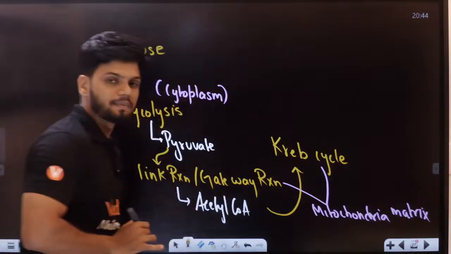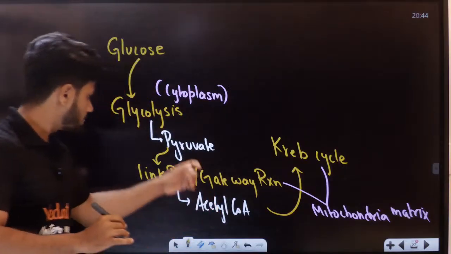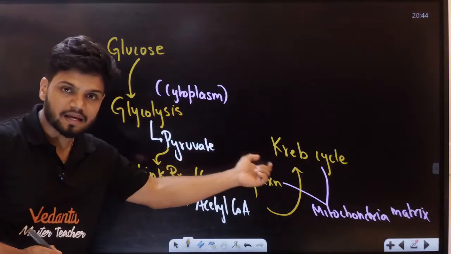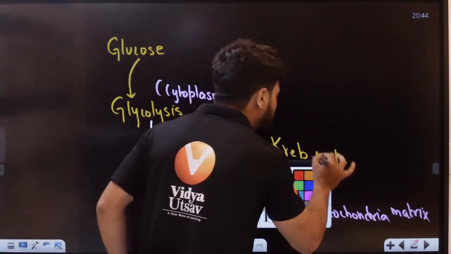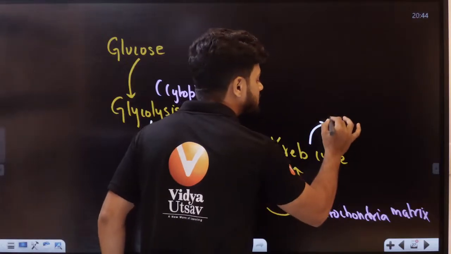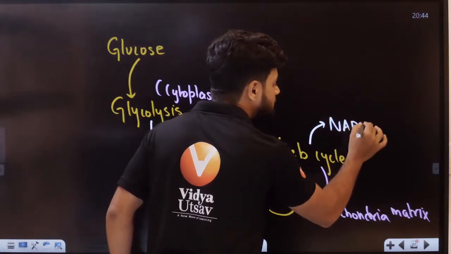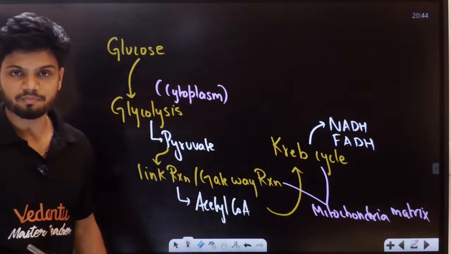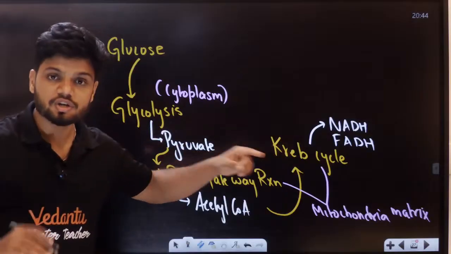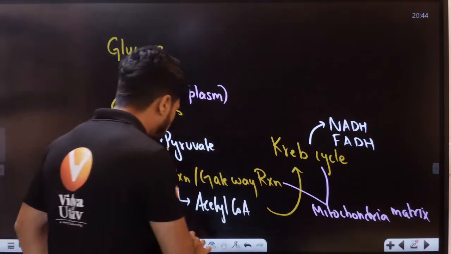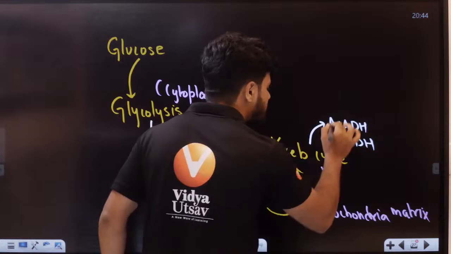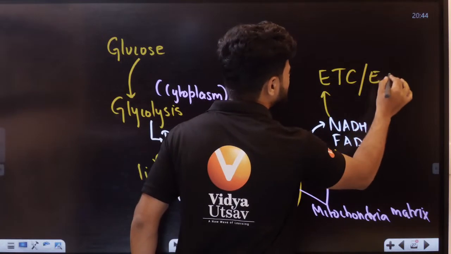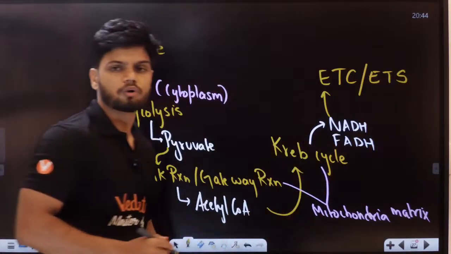Now, after the Krebs cycle, what do we have, students? In your glycolysis, in your link reaction, and in the Krebs cycle, there is always release of NADH and FADH. This NADH and FADH are now taken into one more process called ETC, electron transport chain, or ETS, electron transport system, whatever you call it.